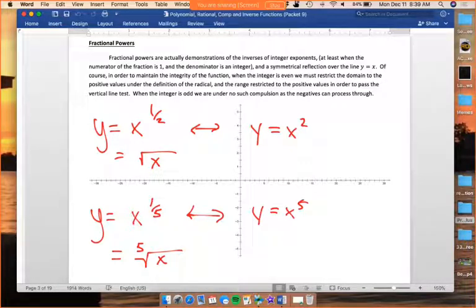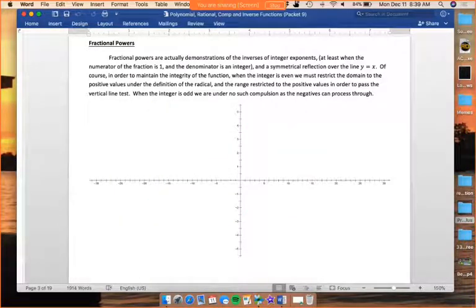So the problem is that whenever our radical is an even root, we can't take the square root or the 4th root or any even root of a negative number. If it's odd, 1/3, 1/5, or whatever, then we can.